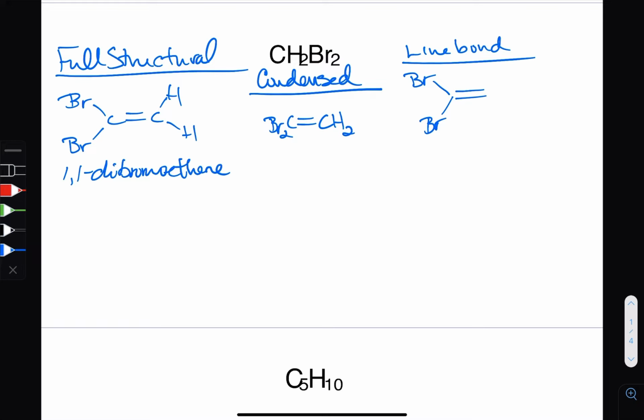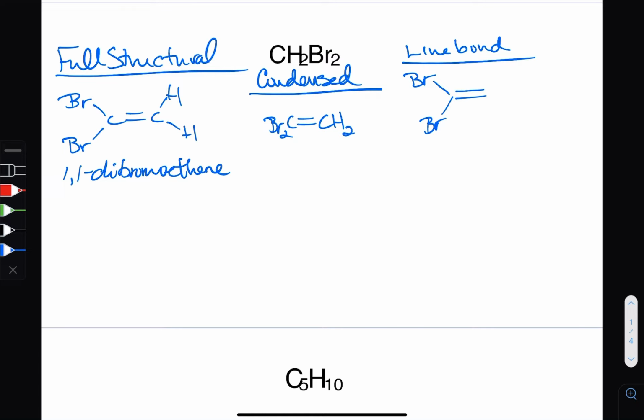And we want to assume that there's a carbon here and a carbon there, and also, like I said, you want to avoid drawing the hydrogens in, but we know that they're right there. So that's what it looks like when it's just sitting there in your regular old line bond structure. Okay, so that's what that looks like.